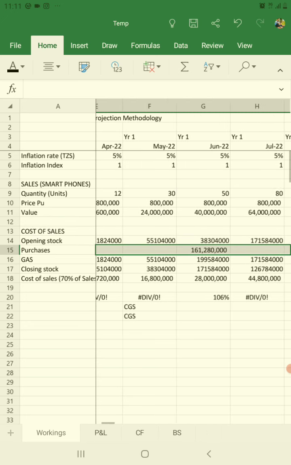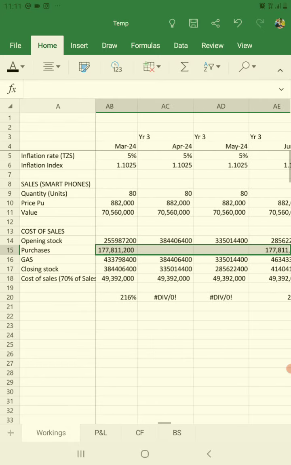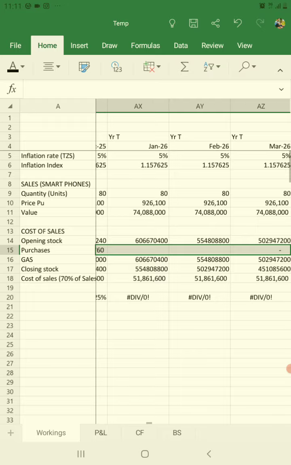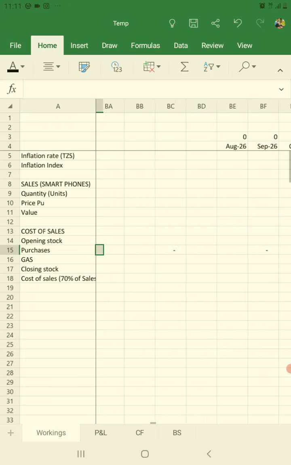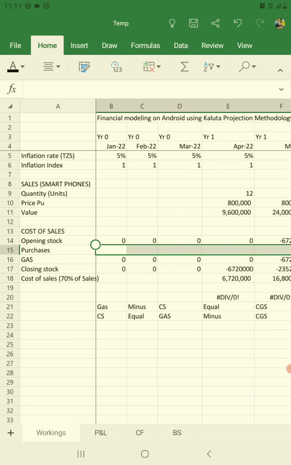Let me delete everything here we did so that we go back to our earlier assumptions of purchasing monthly, because we are just purchasing them from a supplier, wholesale supplier here in Tanzania, so we'll be purchasing monthly.